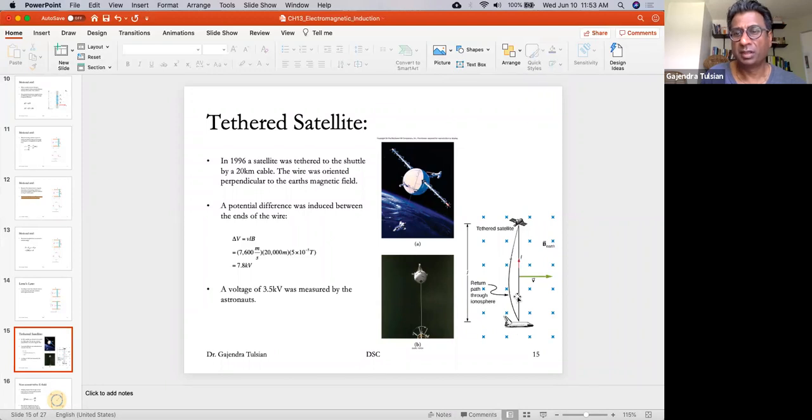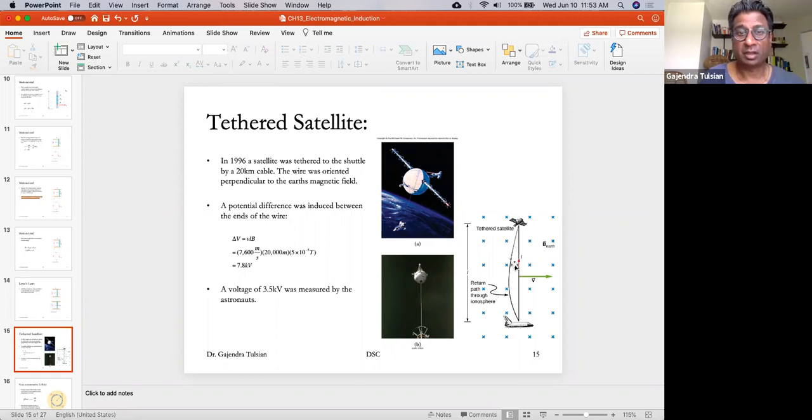Here's the shuttle, and here's a satellite that they released from the shuttle, which was tethered to the space shuttle. The cable is 20 kilometers long, which is 12 miles, from Daytona Beach to Ormond Beach. Okay, well, a little more than that.